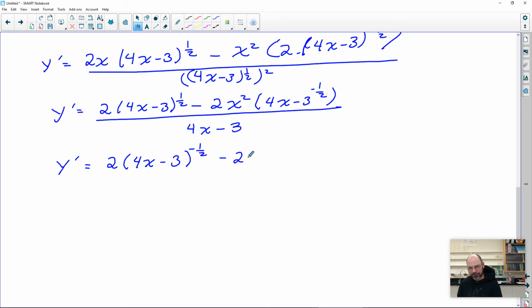Minus 2x squared. Negative 1/2 minus 1 is negative 3/2, times 4x minus 3 to the power of negative 3/2. This is correct, and you might want to stop there if you're not good with exponent rules. And this is also correct. This is just another way to write it.